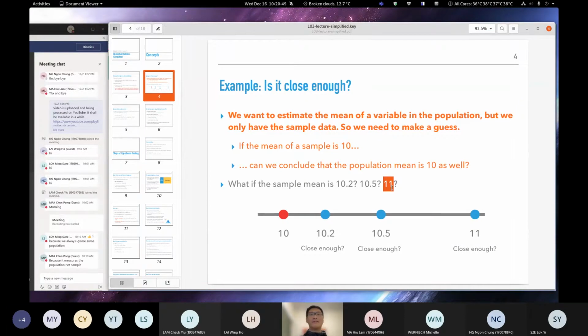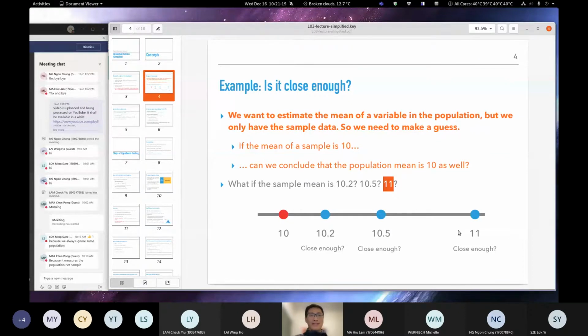What if we get a sample mean of 11? Now, of course, compared with the other two numbers here, the 11 is really quite far away from the number 10. So in this case, we might not believe that the population mean is still equal to 10. So people might think that another number might be more possible, something closer to 11.